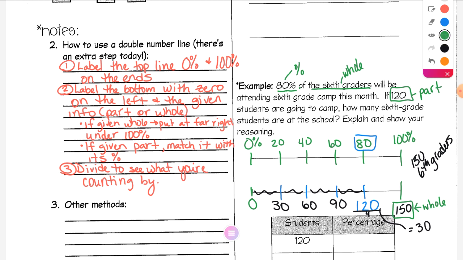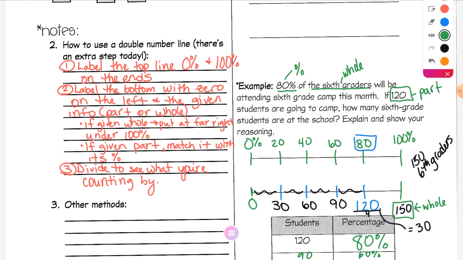Okay, so if there were 120 students, what percentage does that represent? 80%. I just look straight above it. We're actually going to add a couple of them. Let's say 90 students. I'm going to squeeze it down here. 90 students represents what percentage? 60% of the 6th graders.